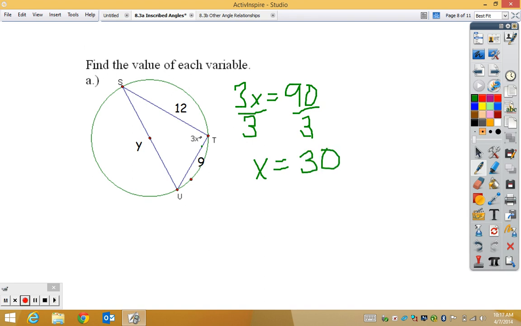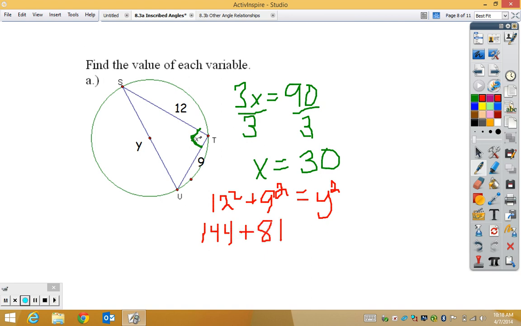Now to find y, it's our hypotenuse. We have a right triangle, so we can use the Pythagorean theorem. We take 12 squared plus 9 squared equals y squared. 12 squared is 144. 9 squared is 81.